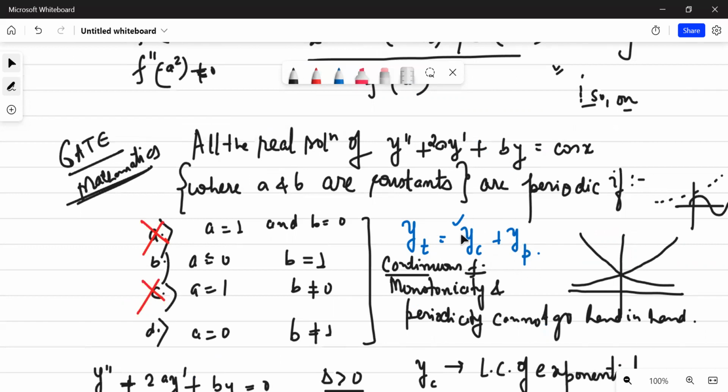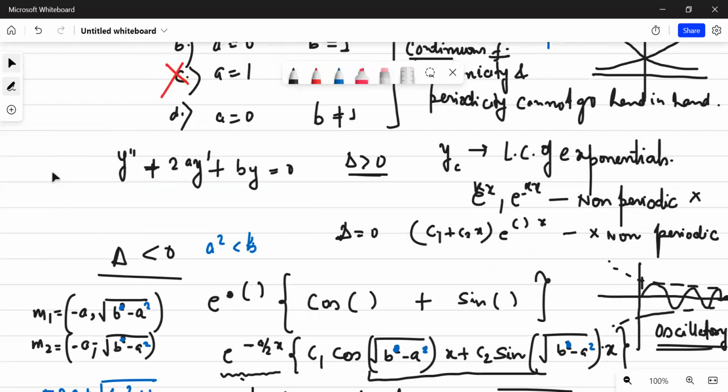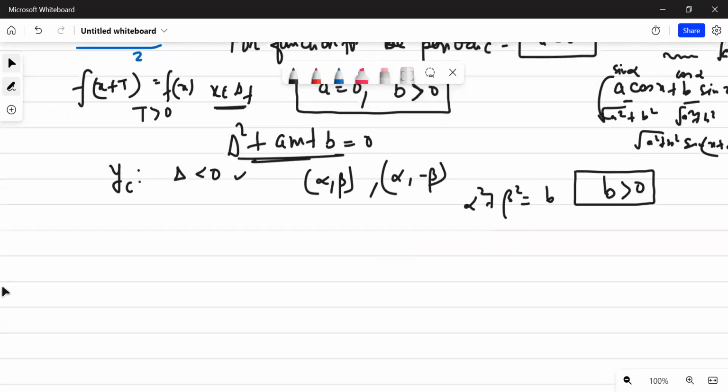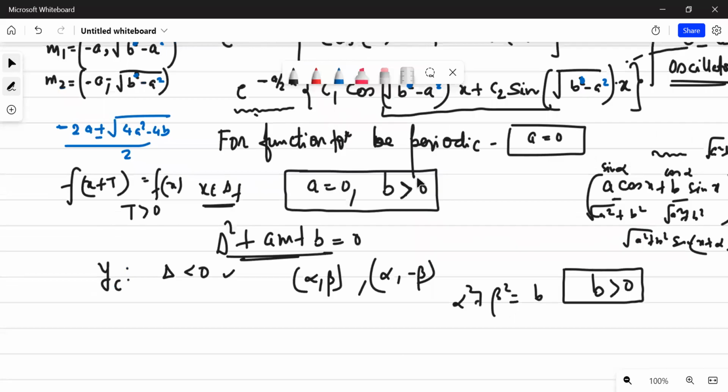At least much of our work has been done. We now have an idea that the complementary function can only remain a periodic function if a is equal to 0 and b is greater than 0, or you can write that the discriminant must be less than 0. Is that clear up to here?